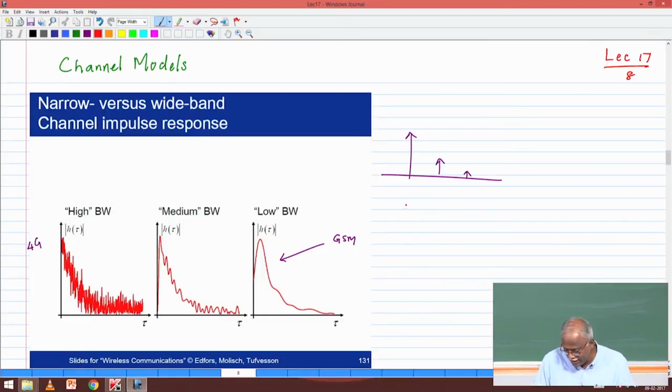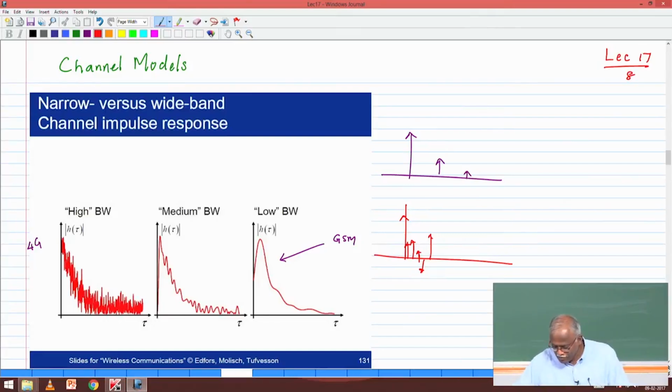The same channel looks like it has lots of multipath. So the same channel looks different for a narrowband signal versus a broadband signal, all going back to bandwidth resolvability. Is that clear? Keep that picture in mind.